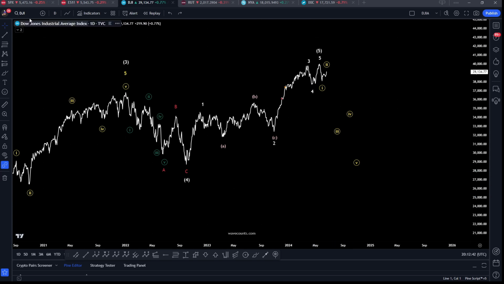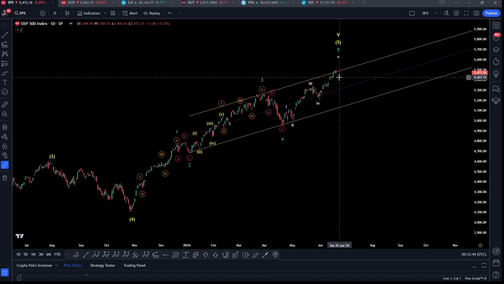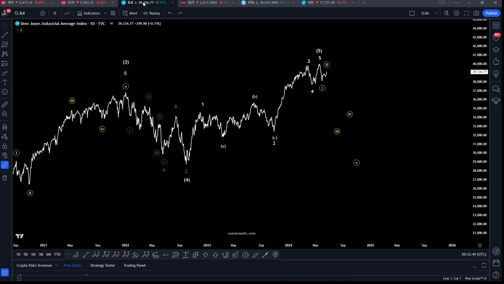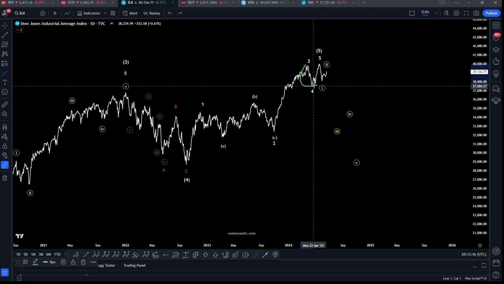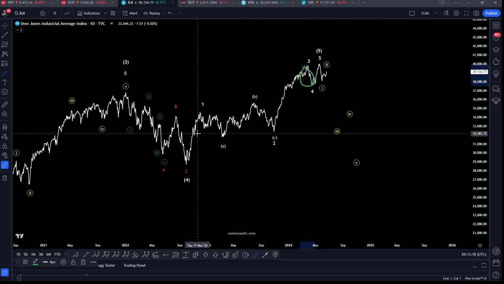And if the S&P 500 is showing a topped-out structure, and the Dow Jones already shows with a guideline supporting a topped-out structure back on May 17th, then we have to use probability to determine that this, although the size is different, is the entirety.